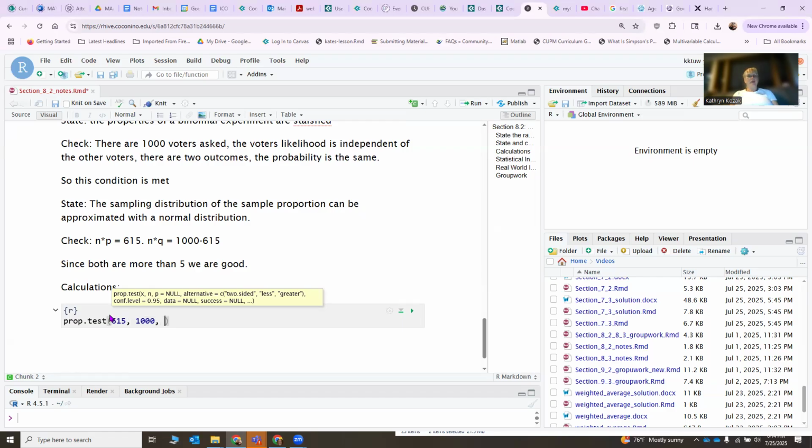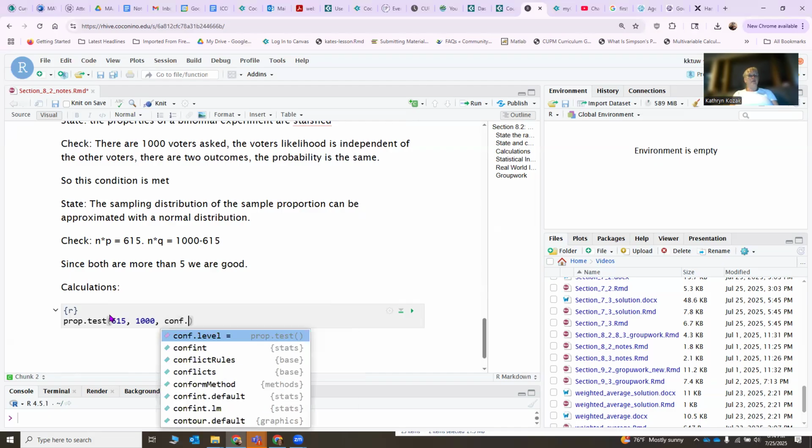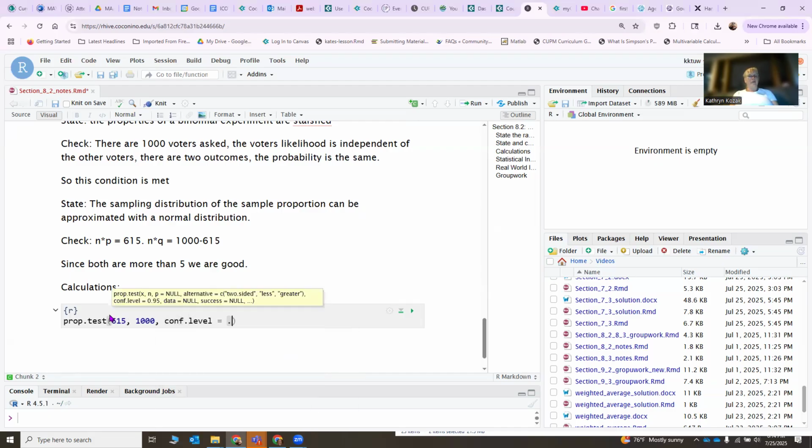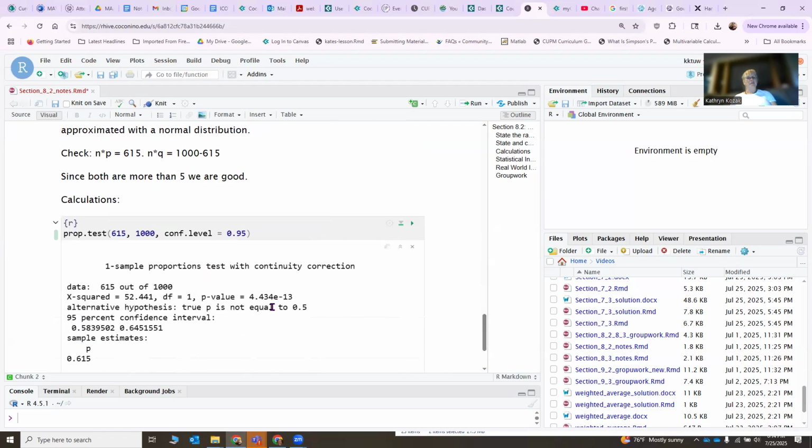We're not going to put a P in there because we don't actually know what P is. We are going to do a conf dot level, and that is equal to 95. So you need to put in 0.95. It is going to default to 0.95, so if you forget to put this in, it will default to that, but it's always a nice idea to put it in just to make sure you did it.